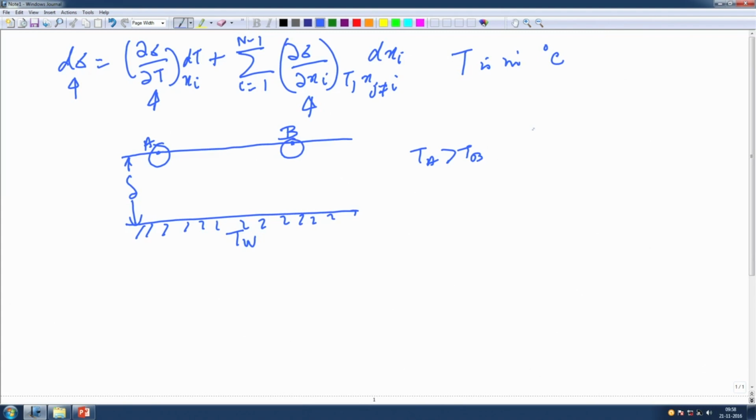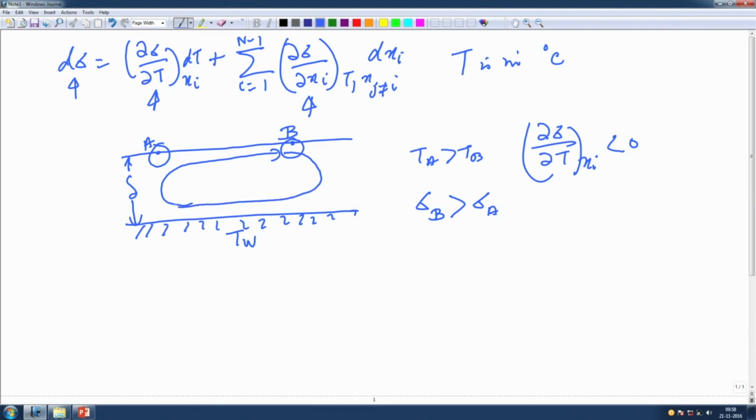Now since surface tension normally decreases with increase in temperature, that means if Ta is greater than Tb, then the surface tension at B will be actually greater than the surface tension at A. So naturally what will happen is that the flow will be dragged from the area of low surface tension to the area of high surface tension and will lead to a recirculating flow like this.